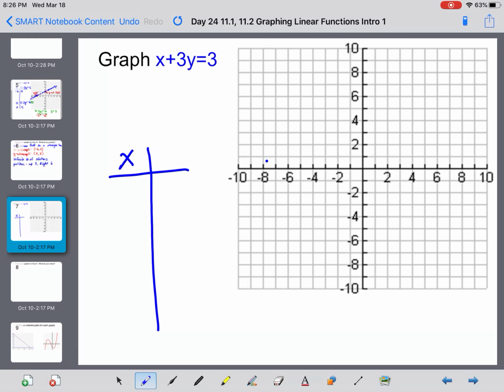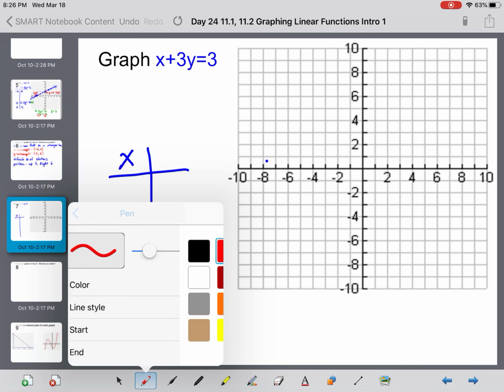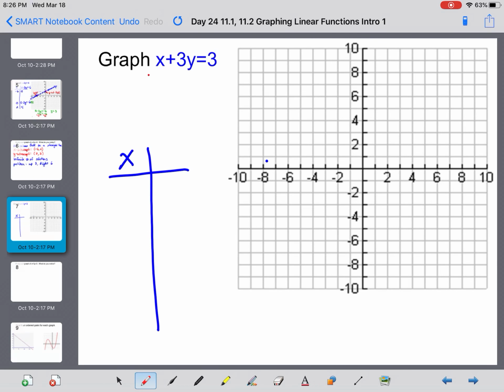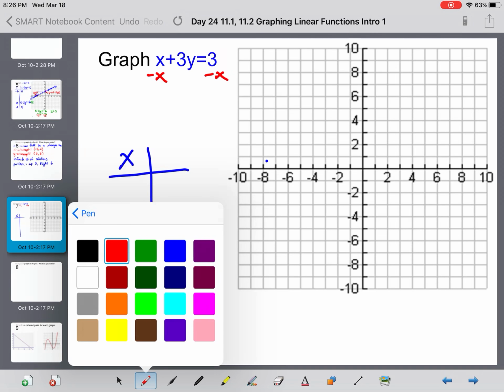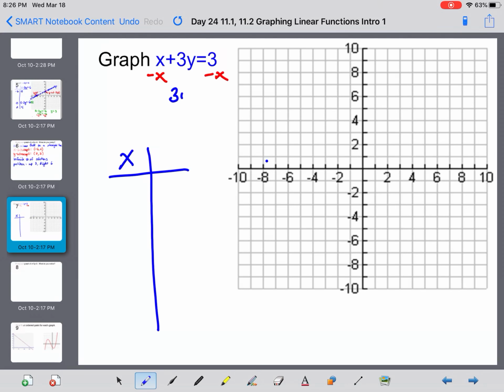I'm going to solve this equation, and if I make it look like y equals, it's going to be so much easier for me to graph. So let's start by making this look like y equals. First thing I'm going to do is subtract x from both sides. After I do that, that's going to leave me with 3y equals, and then just humor me here, I want to put my x term first.